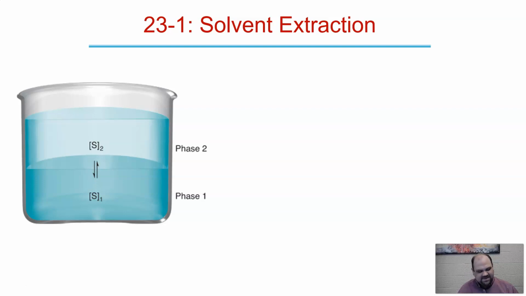Right? But we set up this equilibrium, and we can talk about this equilibrium, K, between these two. And if we start in 1 and we go to 2, then our product is 2. So K is the concentration of our sample in phase 2 divided by the concentration of our sample in phase 1. Instead of calling this an equilibrium coefficient, we call this the partition coefficient.